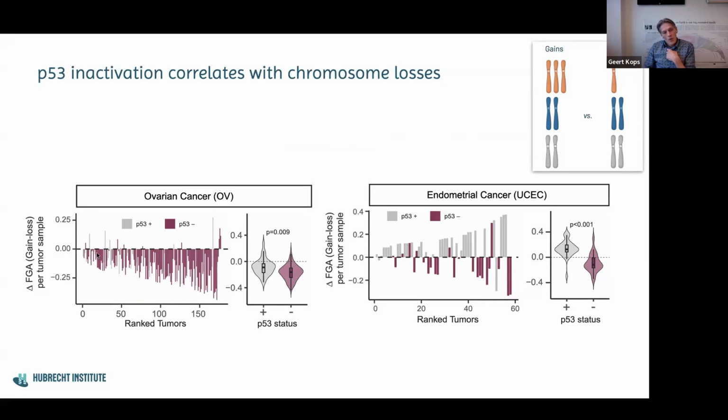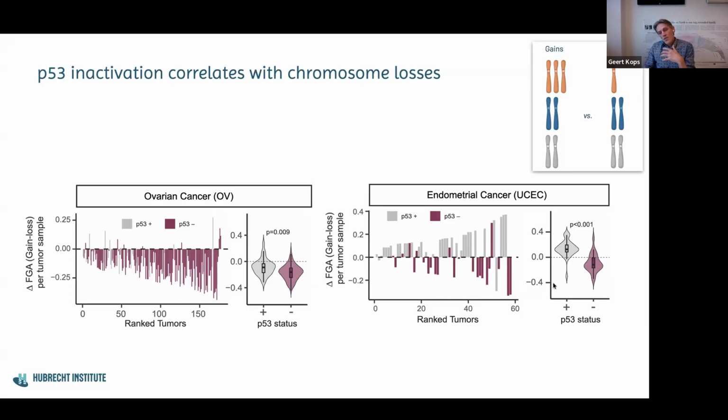And then we again plotted all these fraction of genome altered along the x-axis right here. And you can actually see this ovarian cancer, in which we know that almost all cancers are p53 mutants, but you can also see that almost all of those cancers have predominantly more losses than they do gains. So the delta FGA is below 0, meaning they have more losses than gains.